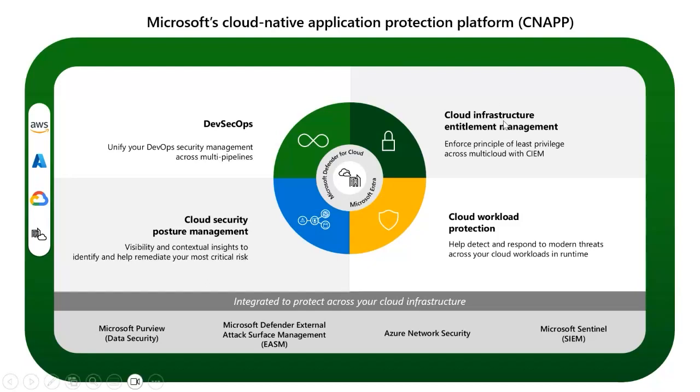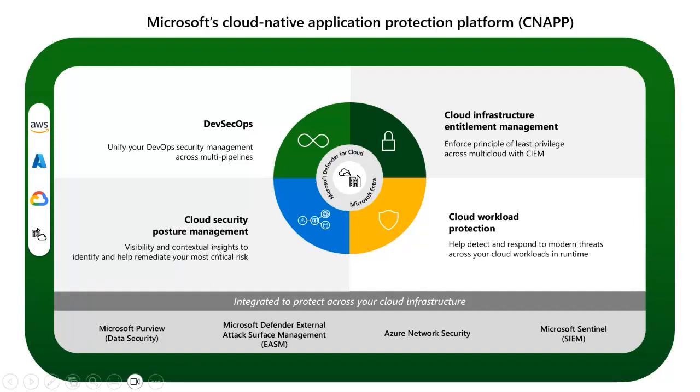According to a 2021 State of Cloud Permissions Risks report from Microsoft, more than 90% of identities are using less than 5% of the permissions that they are granted, and more than 50% of the permissions are high risk and can cause catastrophic damage. The CIEM tool provides visibility into all actions performed by all identities, enforces the principle of least privilege, and continuously monitors for permission risks across multiple clouds.